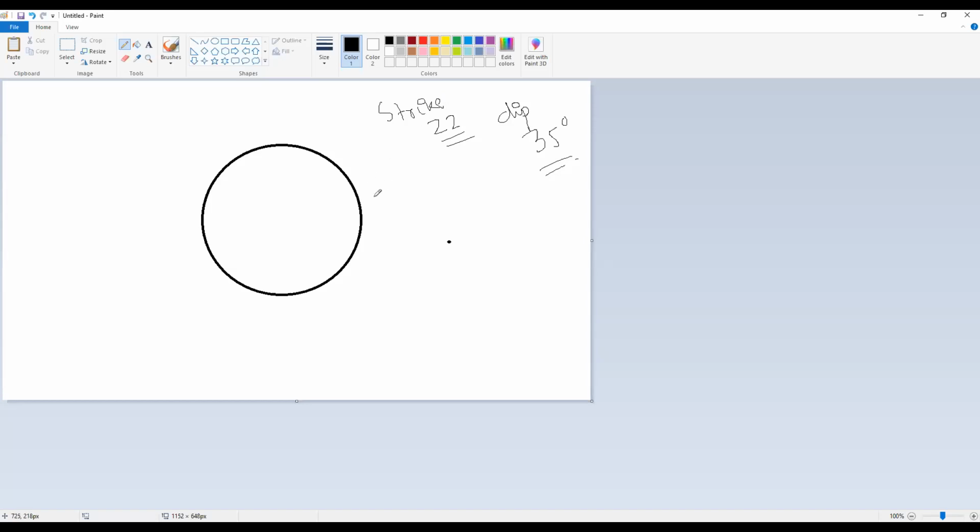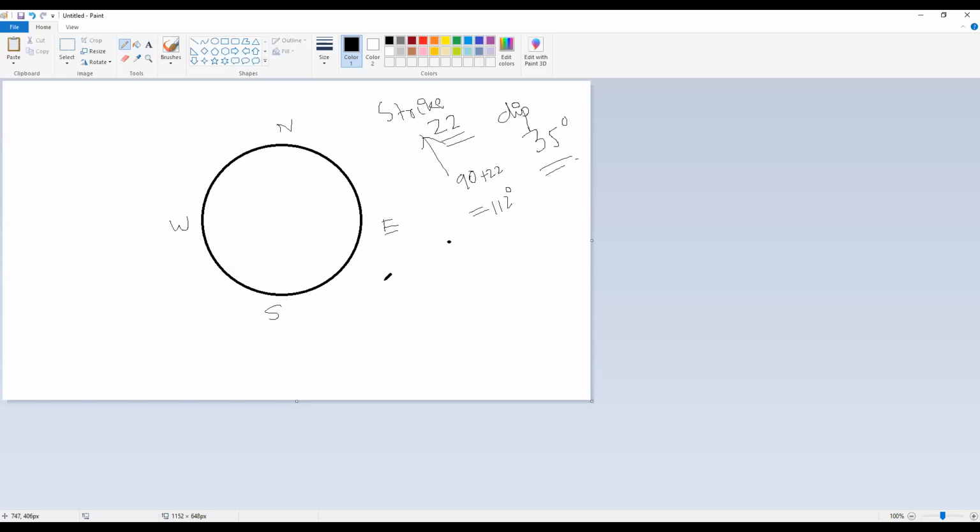This is true north, this is south, east, and this is west. Now, if the strike is 22, then the dip orientation should be 90 plus 22, that is 112 degrees.